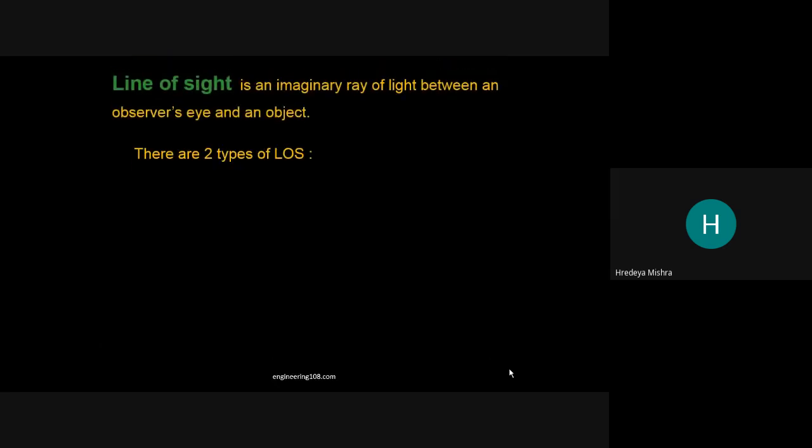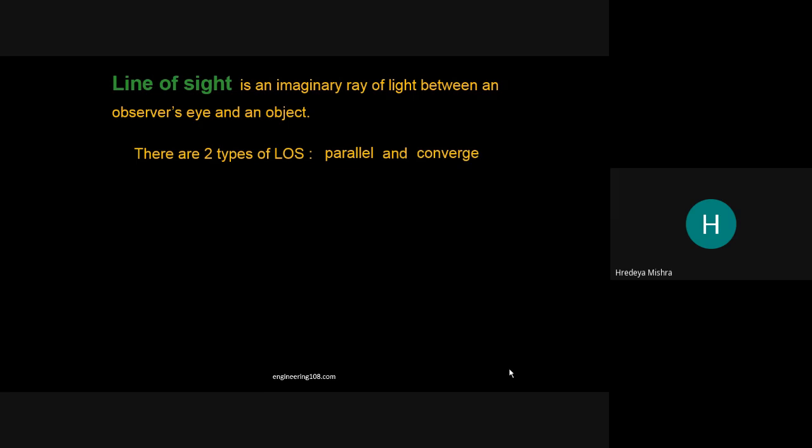Okay, the next important thing is line of sight. What is the line of sight? LOS is an imaginary ray of light between the observer's eyes and the object. There are two types of line of sight, parallel and converge.